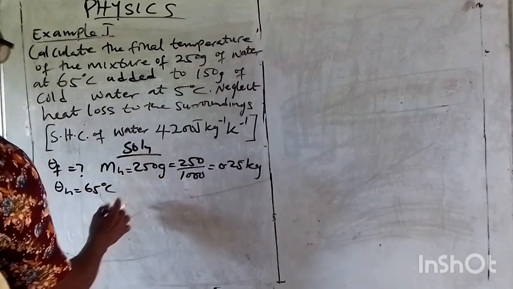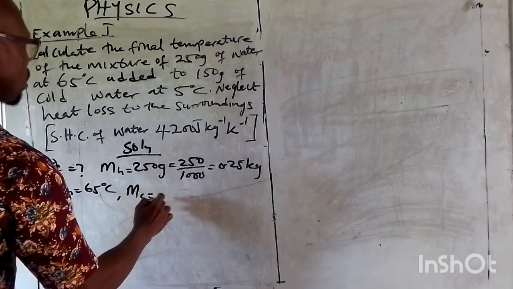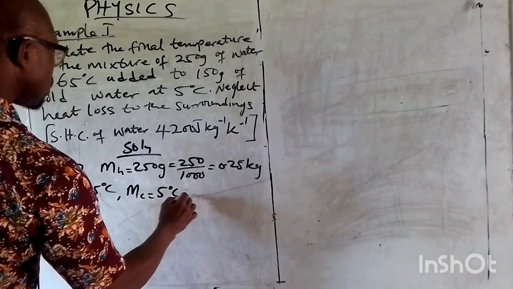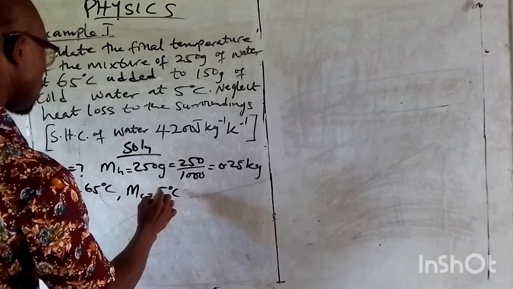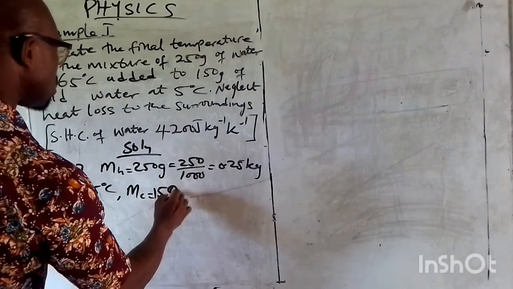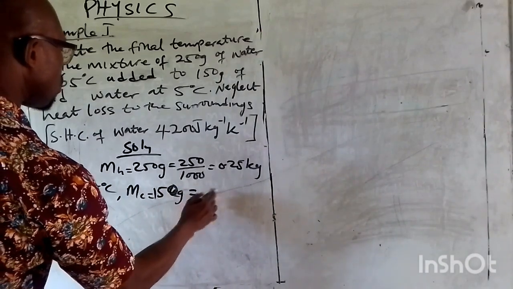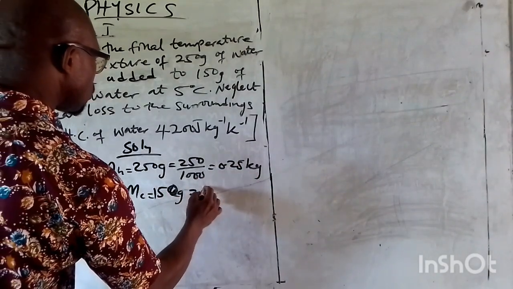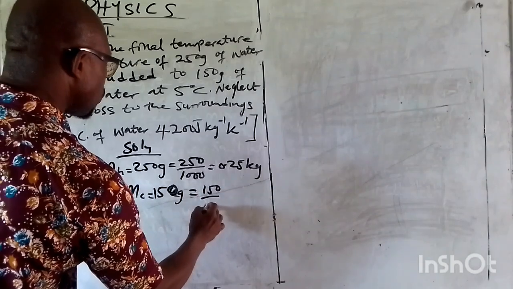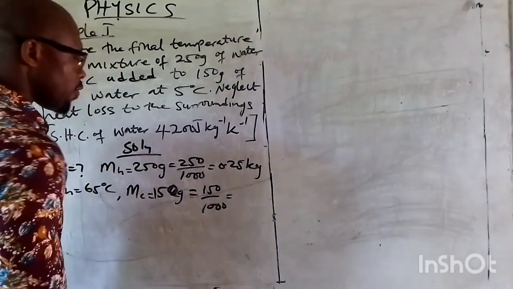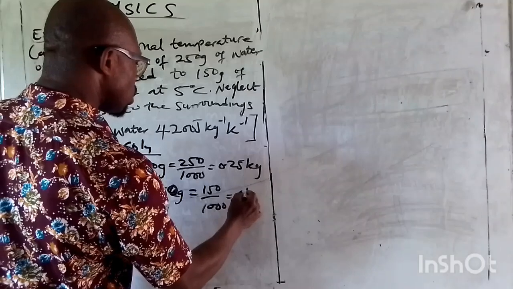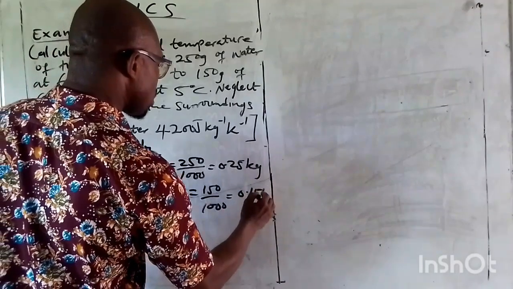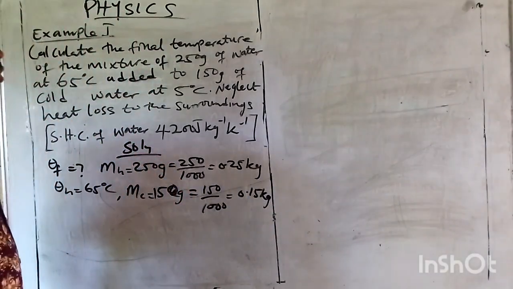Mass of cold water, mC, is 150 grams, which over 1000 gives 0.15 kilogram.